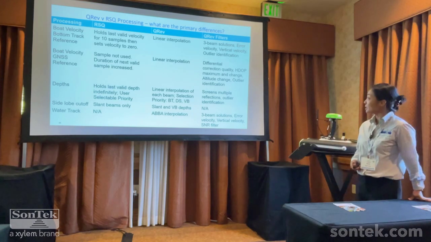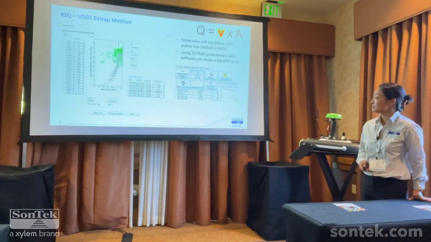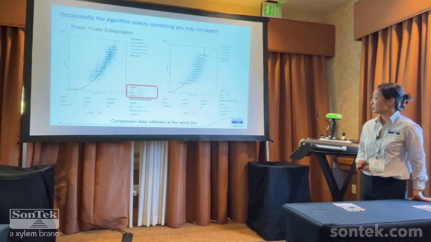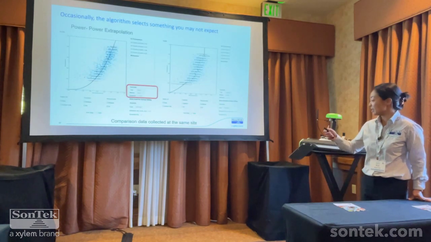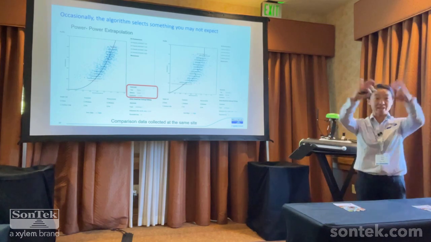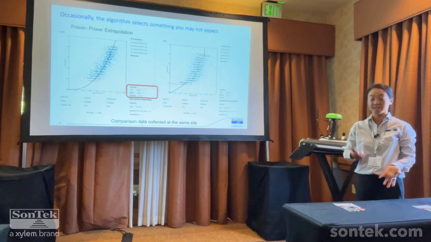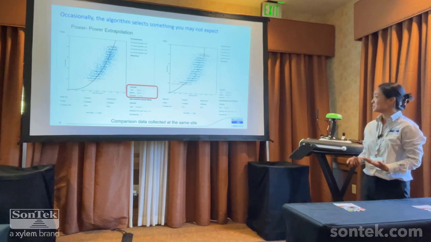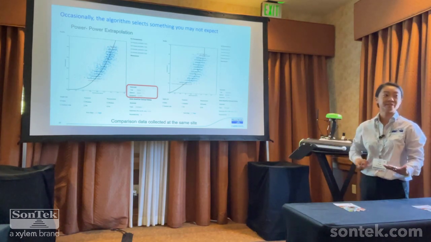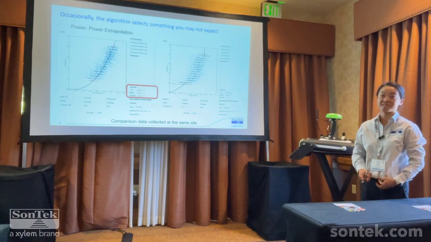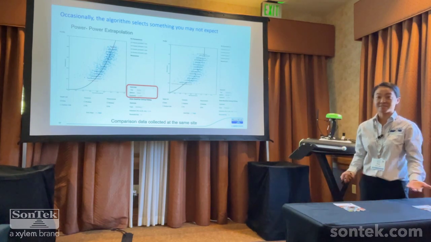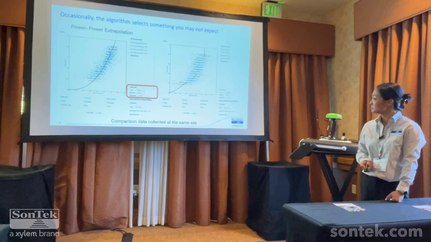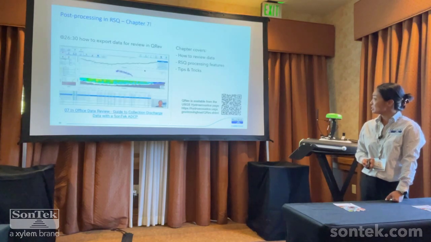At the end of the day, if you do end up using QRev, they have automatic extrapolations for those blank areas that I mentioned earlier. Depending on what the software chooses for you, you might get a slightly different answer because you're extrapolating for those missing gaps. So that's probably all I want to mention here.